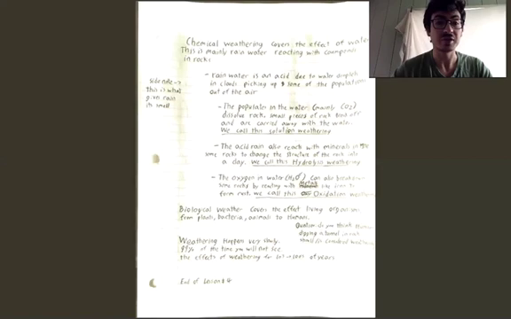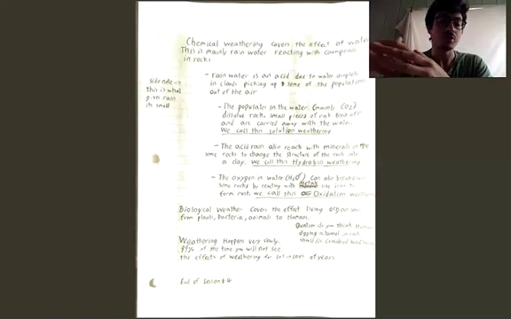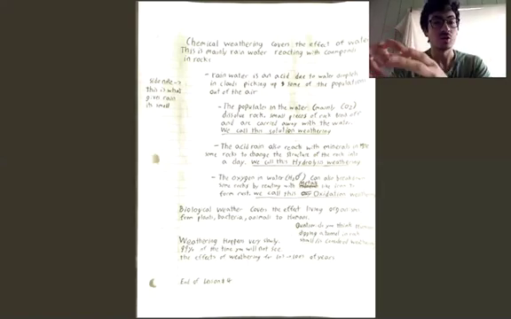So this iron, if it comes in contact with water, the oxygen actually rusts the iron, and it changes the structure of the iron, and it becomes rust. And this is called oxidation. So we call this type of chemical weathering oxidation weathering, where the oxygen in the water actually breaks down some rocks as well.